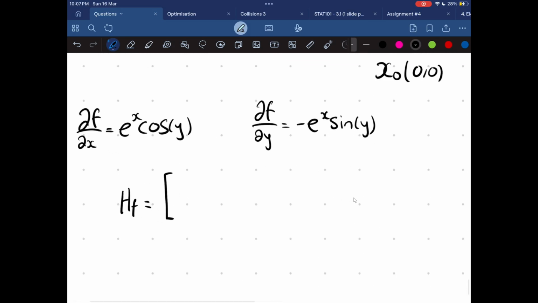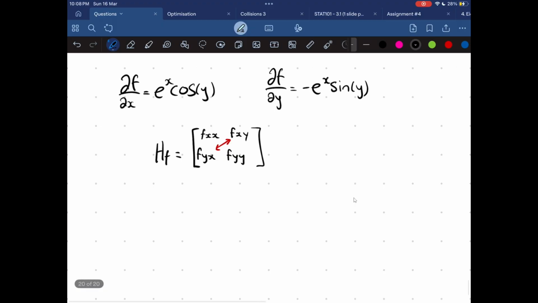So in this case, the matrix is built like this: f of xx, f of xy, f of yx, and f of yy. Something to note as well is that since these partial derivatives are equivalent, you only have to calculate f of xx, f of xy, and f of yy, because you know that f of yx and f of xy are going to be equal.